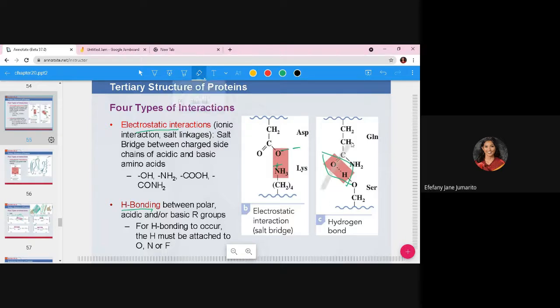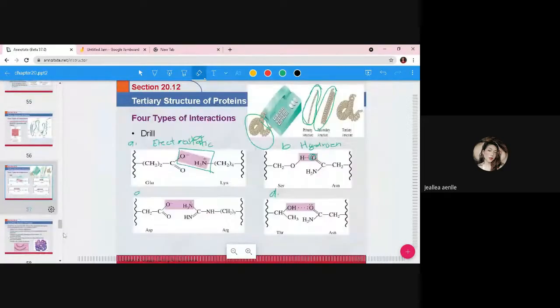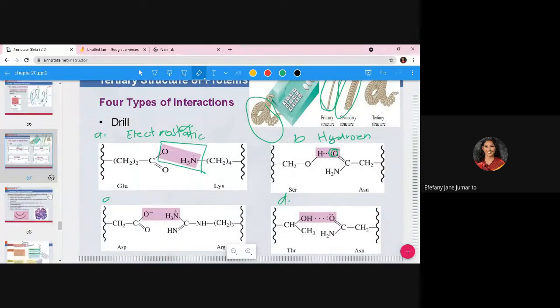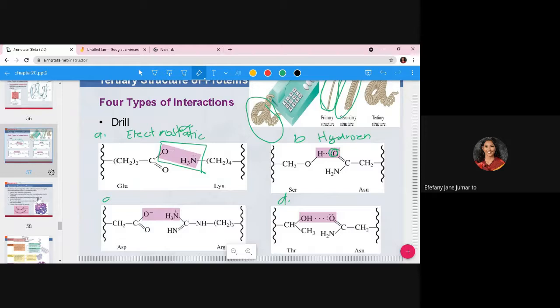Parehas siya sa hydrogen bond. Yes, ma'am. Parehas yan. Okay, let's go back. All right, so that is hydrogen bond. All right.